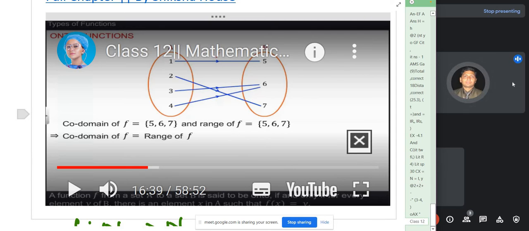So in case of 1-1, if we take distinct elements of the domain and get distinct images in the codomain, that is 1-1. And in case of onto, if the codomain and range of the function are both equal, that type of function is called onto.